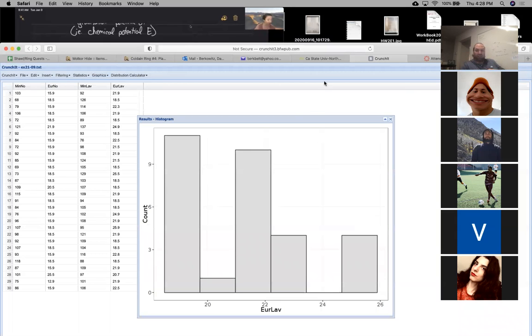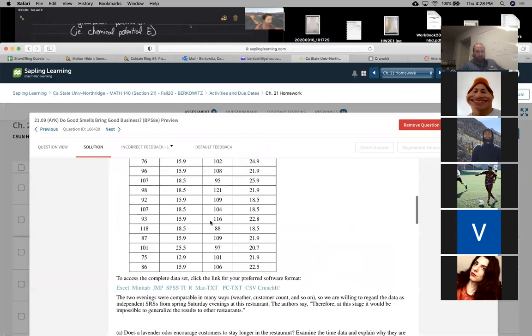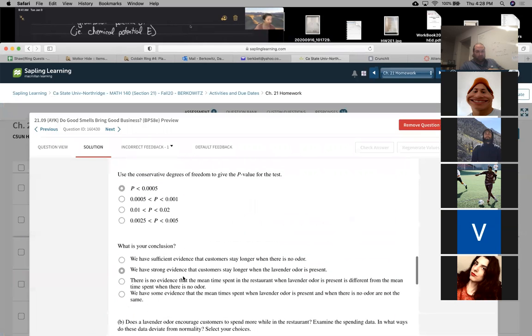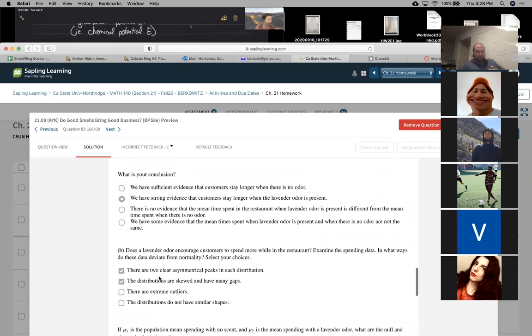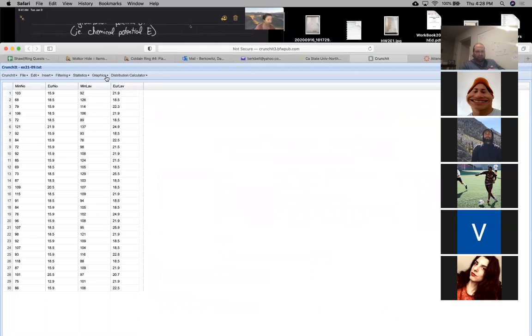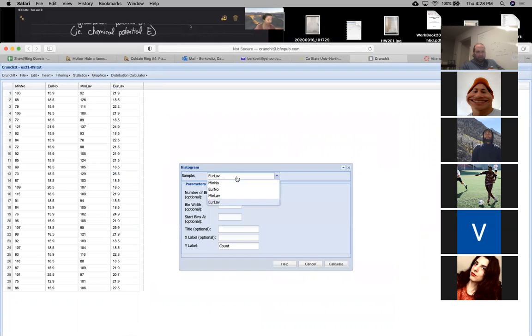So when it says, how do they differ from normality? There are two clear asymmetrical peaks in each distribution. Well, I certainly see two asymmetrical peaks in this one. Did I miss it in the other one? In the euro?